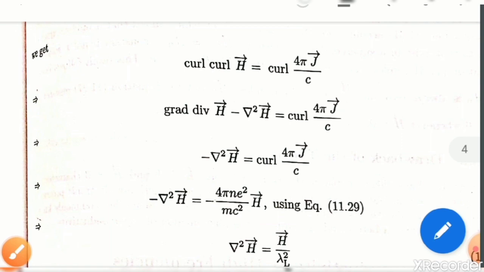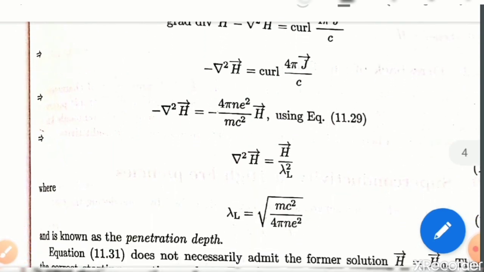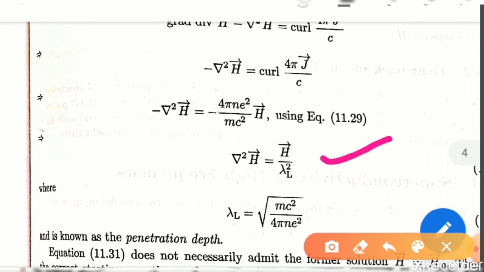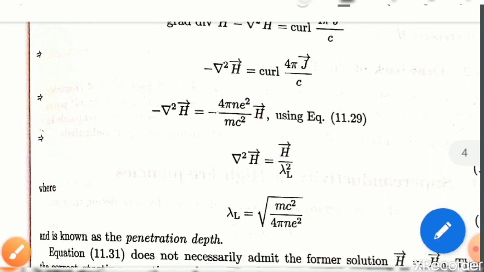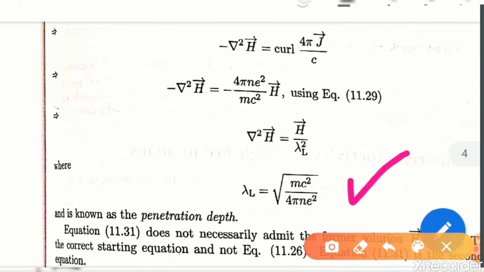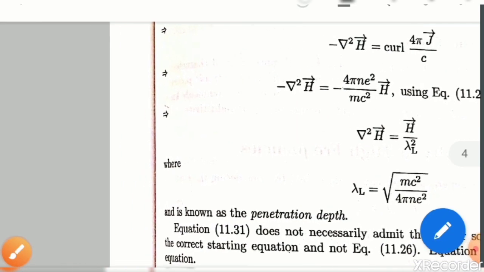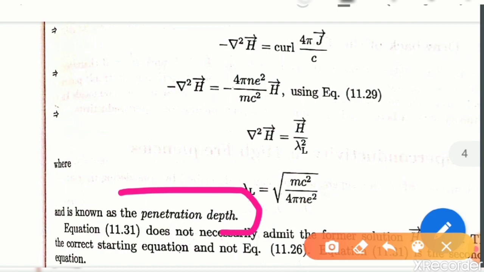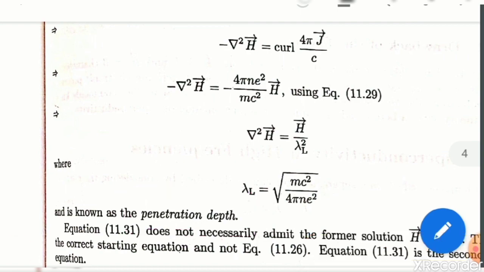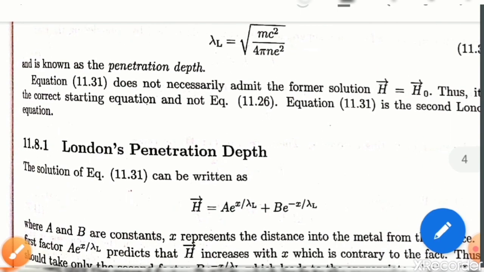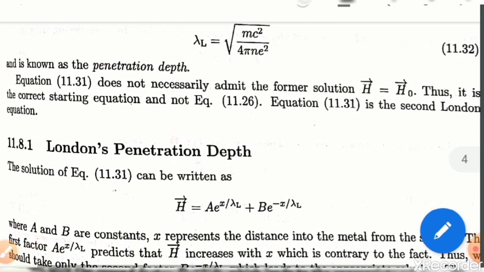Now this equation does not necessarily admit the former solution H is equal to H naught. Now we have the condition that the solution of the above equation has a simple harmonic form, similar to that, and for that we have this general solution.